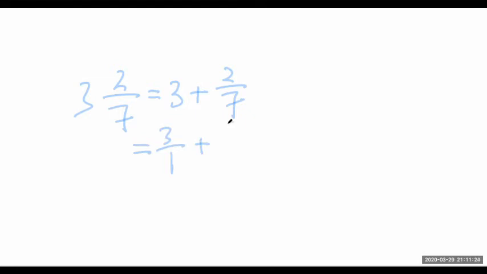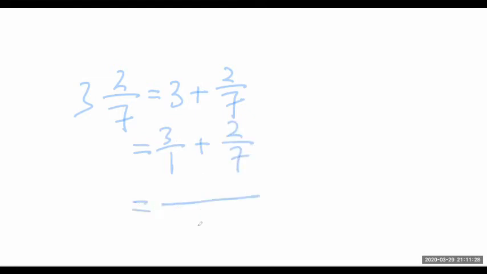I'll give you another one. 3 2/7. That's 3 plus 2/7, right? And that is 3 over 1, because 3 divided by 1 is 3, and 2 over 7. Now we got two fractions.